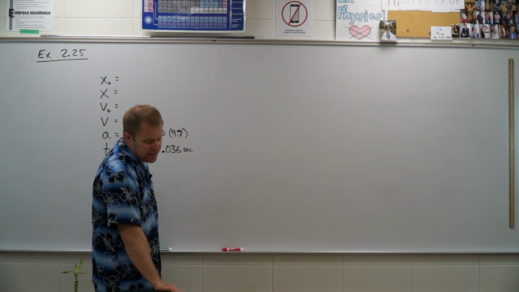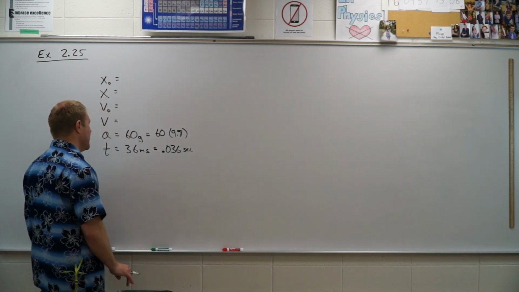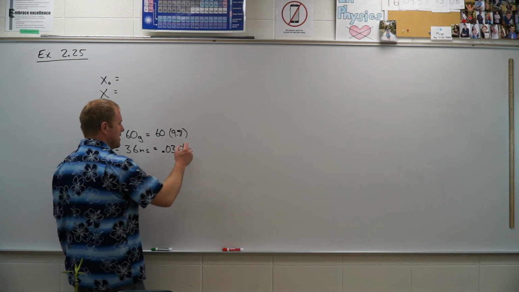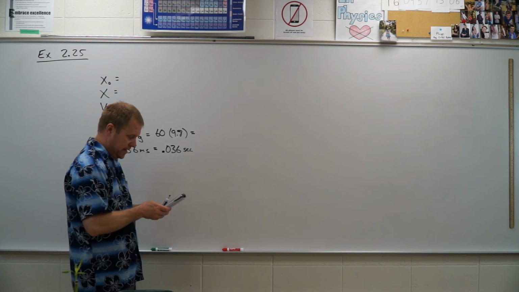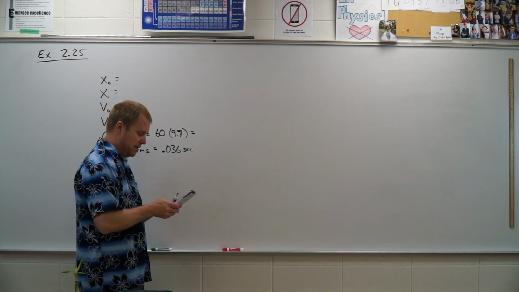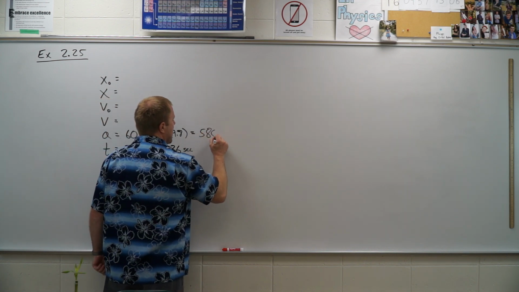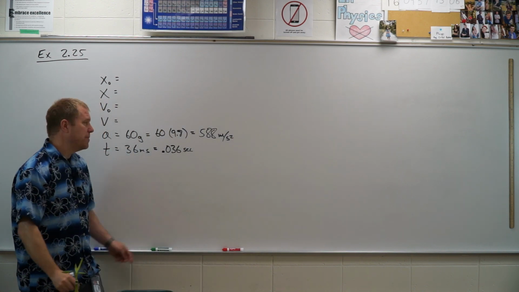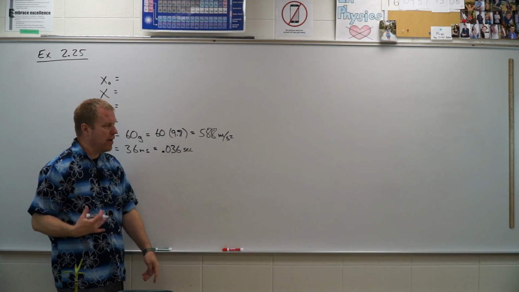I just said 60 times 9.8. 58.8, I want to say it is. Let's double check that, shall we? 588, yep. 588 meters per second squared. So because this was in seconds squared, I needed this in seconds as well.